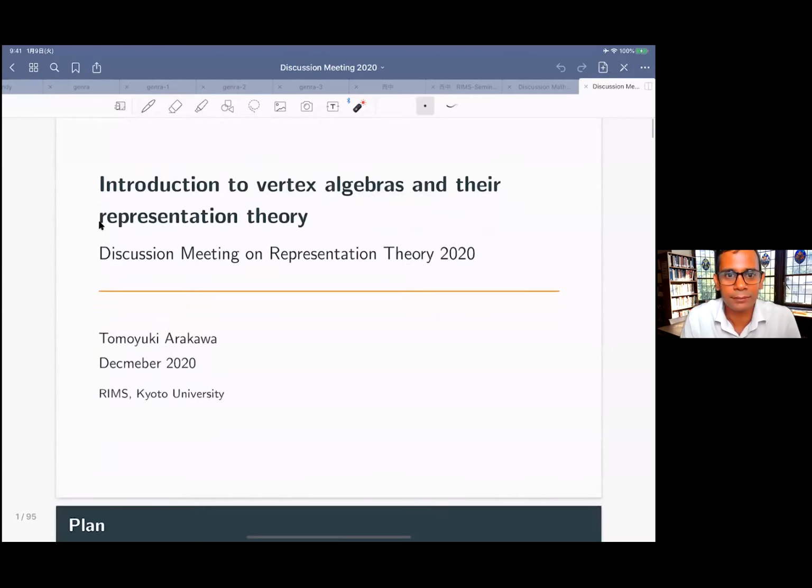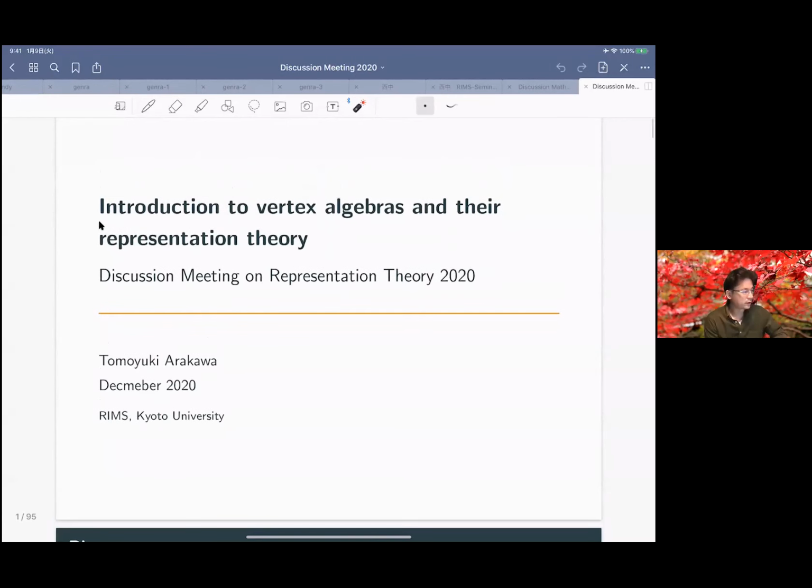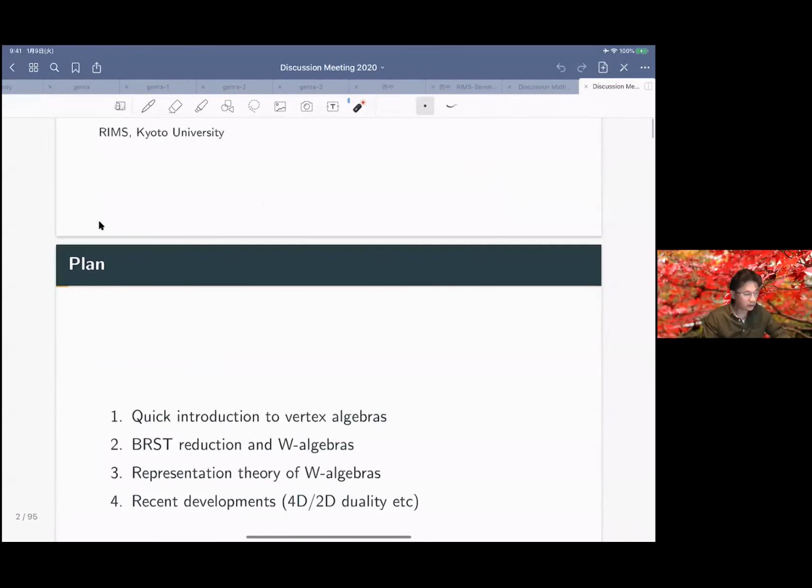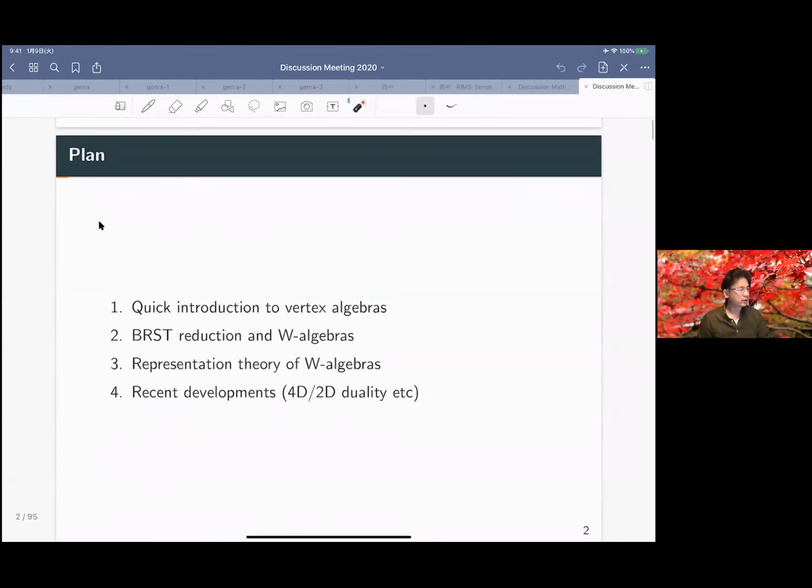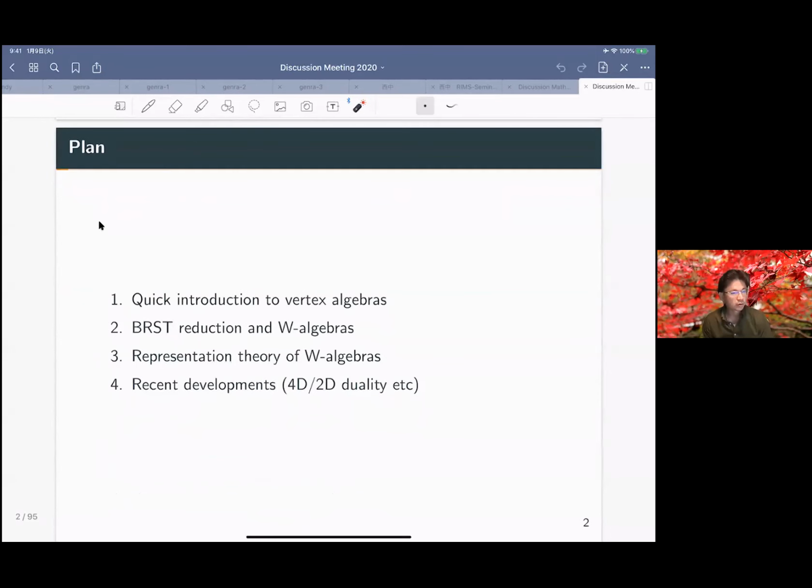So I'd like to give an introduction to vertex algebras. My plan is the following. Today I give a quick introduction to vertex algebras. Then tomorrow I talk about a construction of vertex algebras called BRST reduction, and explain W-algebras, which are one of the most important and interesting examples of vertex algebras.